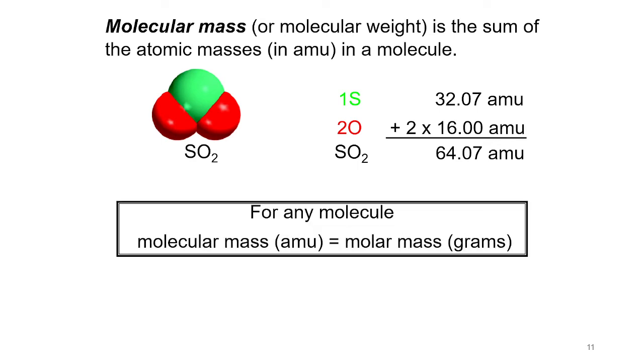And as in our discussion earlier, molecular mass is similar to atomic mass units, meaning molecular mass is just equal to the molar mass of our molecule. So 1 mole of sulfur dioxide has a weight of 64.07 grams.